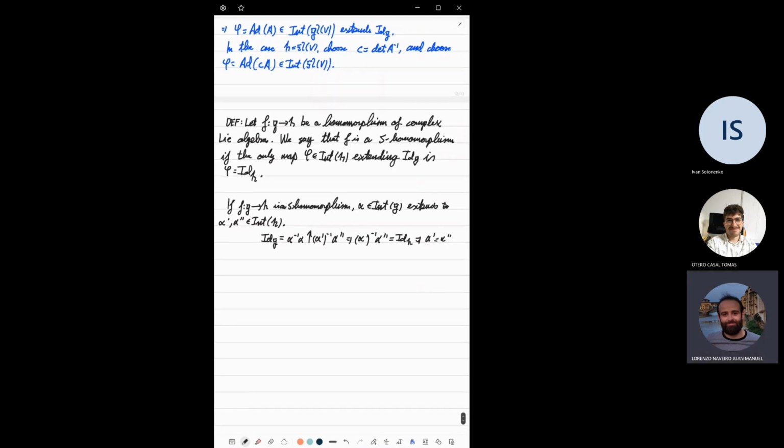So now let's try to relate this again with compact real structures and with general real forms and involutions. And we'll see that now this extension is going to be more rigid. It comes in the form of the following proposition. So suppose that F is an S homomorphism.